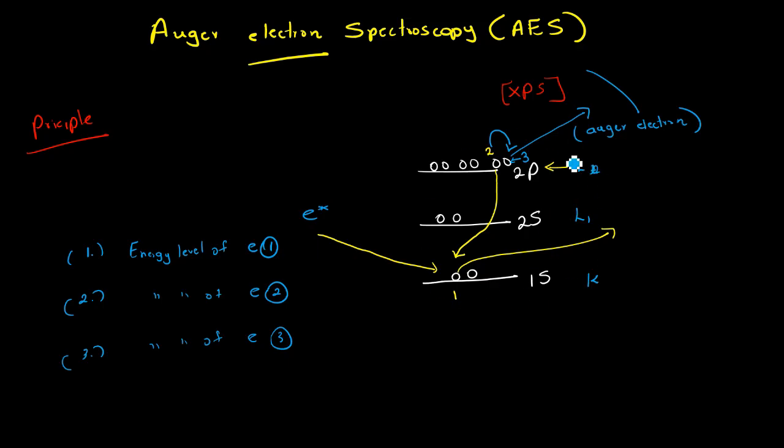In this scenario, the Auger process is represented as KLL. K is the one which initially popped out; the number 1 electron is on the K level. L is the electron that comes down, and then again L comes out as the Auger electron, which is the energy level for the Auger electron.